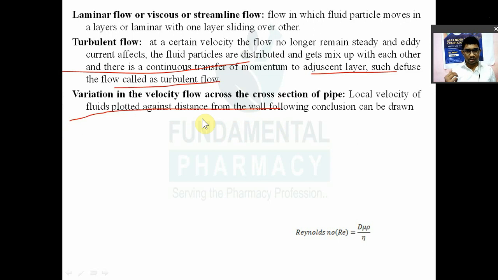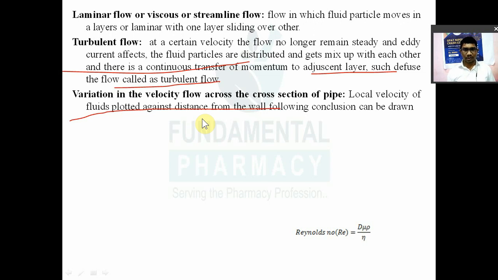So there will be variation in the velocity of fluid when liquid is flowing through a pipe. सेंटर में बहुत ज़्यादा फ्लो होगा, जो आपका इनर सरफेस ऑफ पाइप है वहाँ पे कम फ्लो होगा, ठीक है.